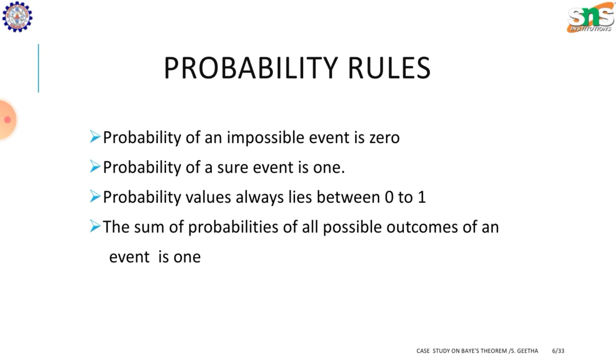Next, probability values always lie between 0 and 1. For example, Arun may get that job. In this case, Arun may or may not get that job. So, the probability value here lies between 0 and 1. Next, the sum of probabilities of all possible outcomes of an event is 1.